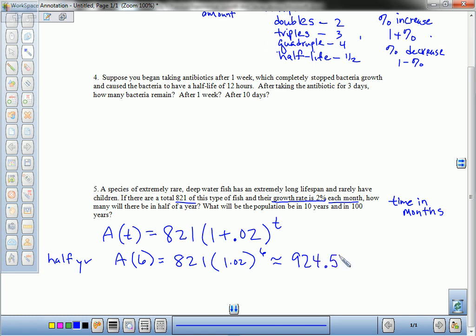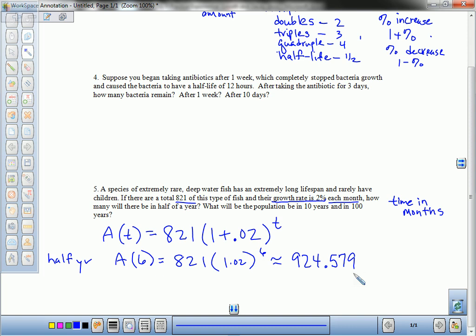But because this is a discrete variable, this is a living thing, we can't have part of a fish that's living. We do have part of a fish, we call that bait. But we can't have part of a fish when it's living. So this is not an acceptable answer.